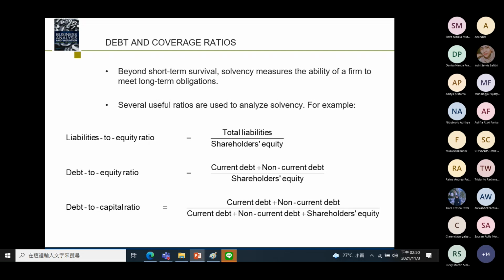Such communication can potentially reduce a firm's cost of capital. For all these reasons, it is optimal for firms to use at least some debt in their capital structure.